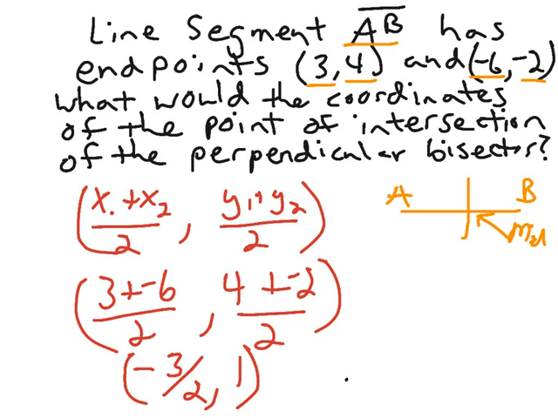So that point of intersection would be (-3/2, 1), or (-1.5, 1). So there's example 1. I'm going to walk you through one other example.